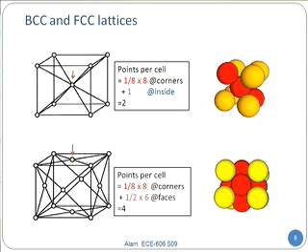So each atom is being cut by half in the middle. And so you have half multiplied by 6 faces. From the faces you get 3, from the corners you get 1. So you have 4 points per cell. That's clear? More or less?